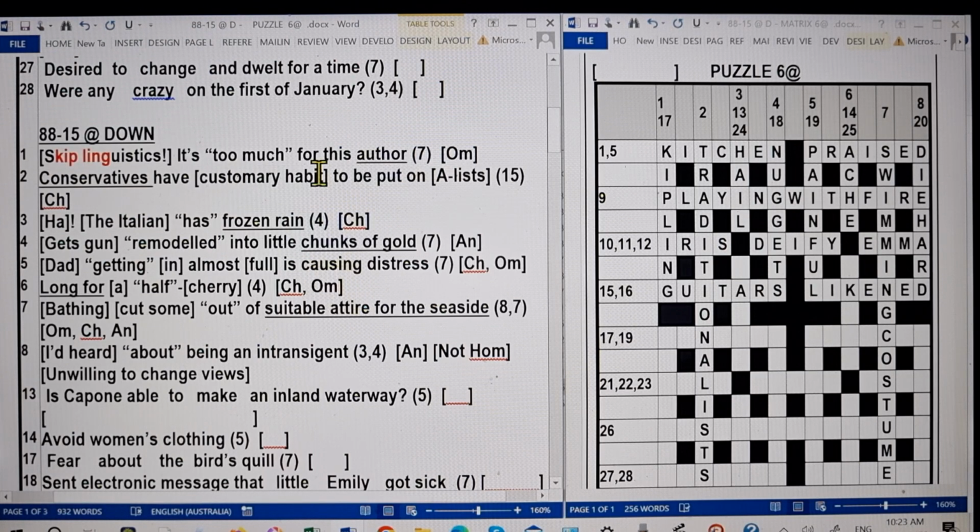You can see how it's made up. Customary habit is a tradition, isn't it? That's a tradition. And if you add to that A-lists, traditionalists, that's how you get the whole thing. So it's a charade. Got the idea?